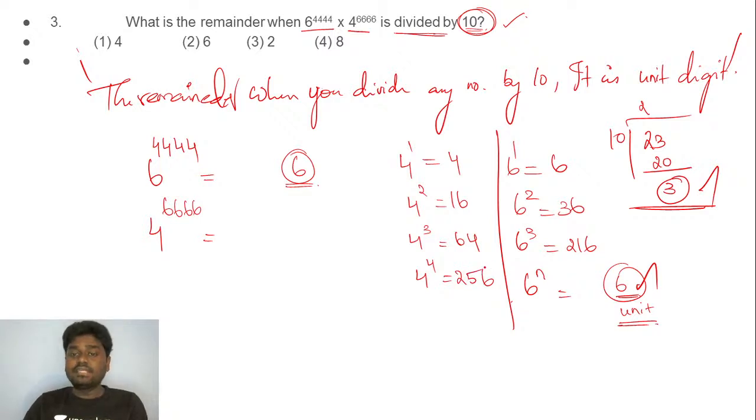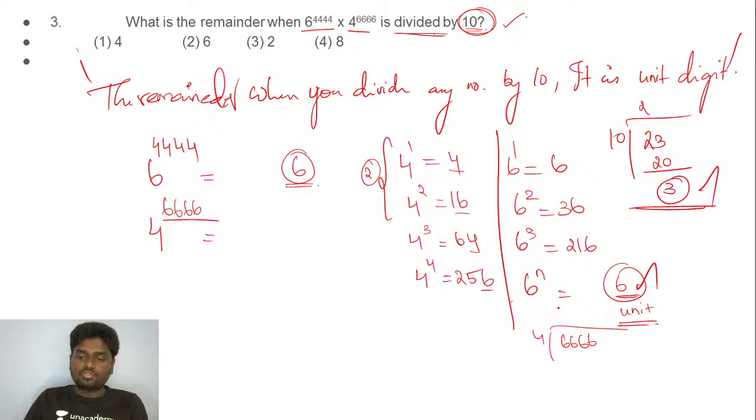So listen very carefully. Here again you have got a cyclic pattern. Every 2 terms, you are repeating the cyclic unit digit. You have 4 and 6, 4 and 6, and the next thing you do, you'll again get the unit digit to be 4. So it is very clear. Let me try to divide 6666 by 4. What's going to be my remainder here?